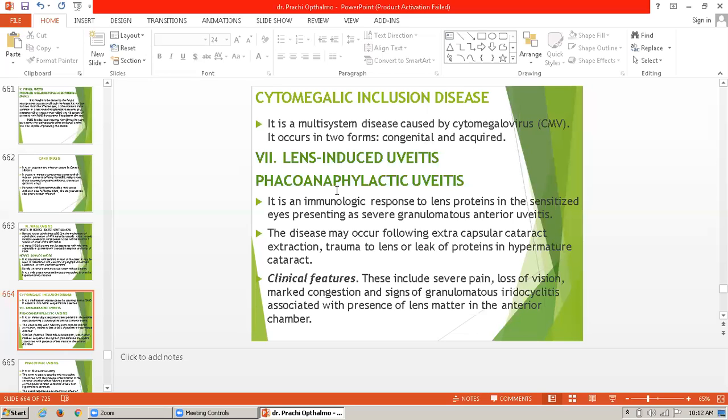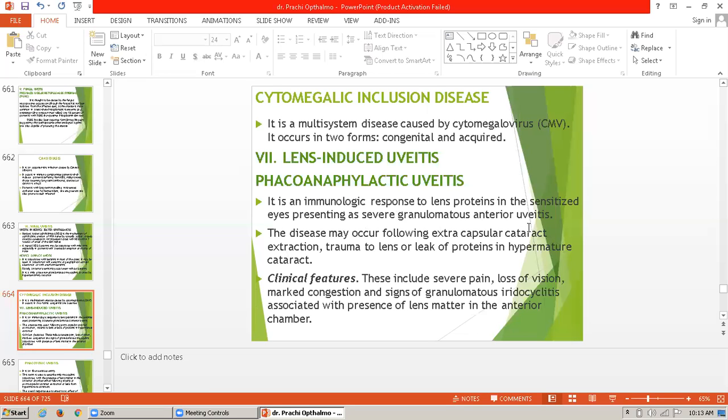In that there is phacoanaphylactic uveitis. Phacoanaphylactic uveitis is an immunologic response to the lens proteins in the sensitized eye presenting as a severe granulomatous anterior uveitis.